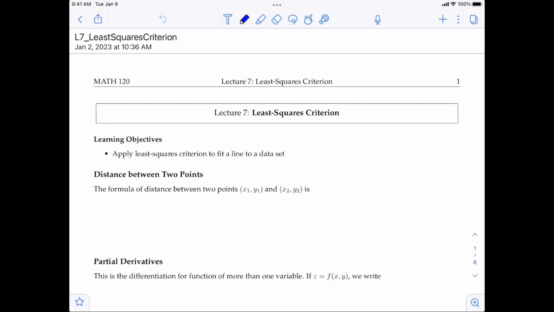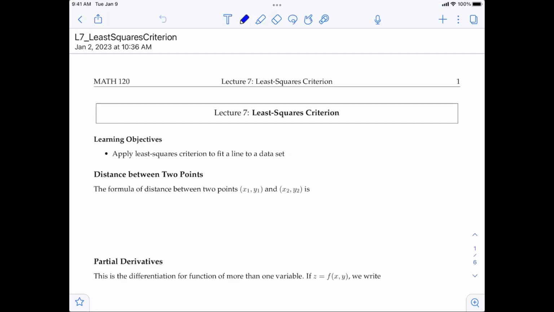A partial derivative is just the derivative, but for a function of more than one variable. So I'm going to write down the formula for the distance between 2 points and for partial derivatives, and do a couple of examples related to partial derivatives before we jump into the least squares criterion and derive the formula for the parameters of the functions.